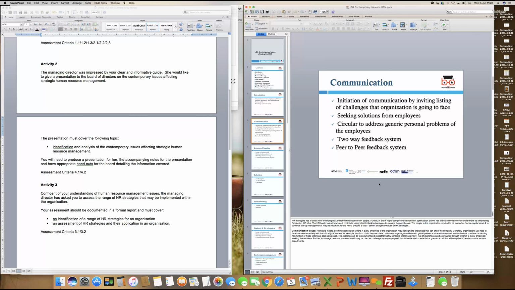So here the HR looks at initiating a communication plan or a communication system in which every employee in the organization is able to highlight challenges or the problems that they are facing. And this is generally done face to face. It could be done through emails, it could be done through meetings, or it could be done through one-on-one personal discussions to understand what problems or issues each individual employee or the department faces, and how HR can then address it.